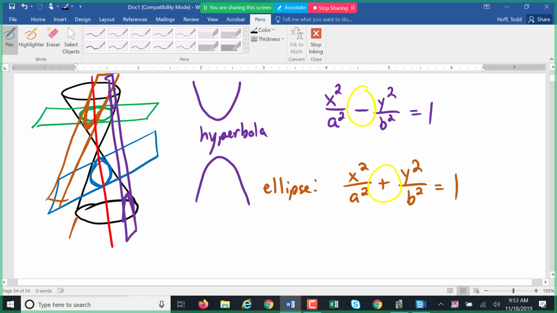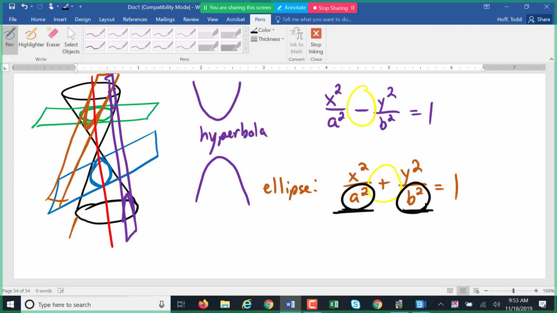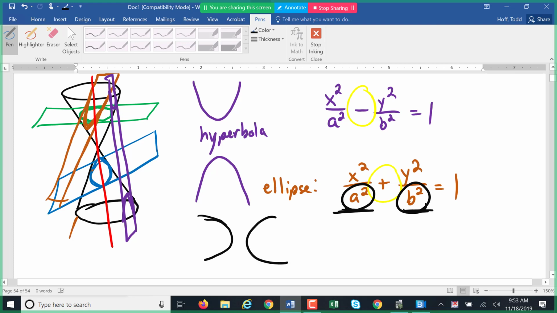Now, because of that, on the ellipse, we always put x and then y, and we could tell which direction the ellipse went by which one of these numbers was larger, whether a was larger or b was larger. That gave us the length of the axis in the horizontal and vertical direction. That told us which direction the ellipse was stretched out in. Well, a hyperbola can either open up and down like this, or it can open side to side. And the way we can tell which direction it opens, whether it's a vertical opening or horizontal opening, and the technical term we use is transverse axis.